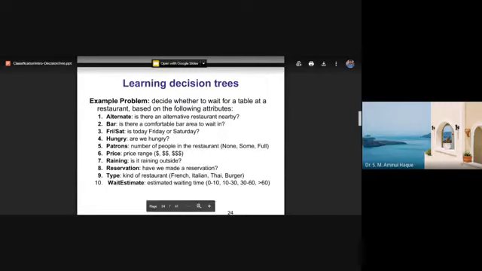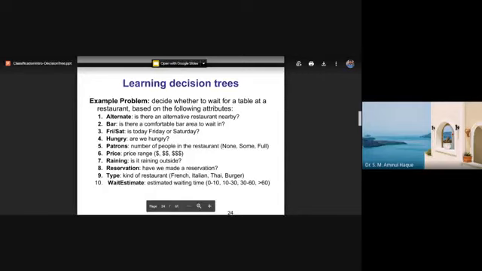Typically in foreign countries, Friday and Saturday is their weekly holiday, so it's typically overcrowded on these days. Hungry: the level of your hunger. If you're very hungry, it's very unlikely that you will wait here. If you're not hungry, then you may wait. But it depends on all the parameters here.